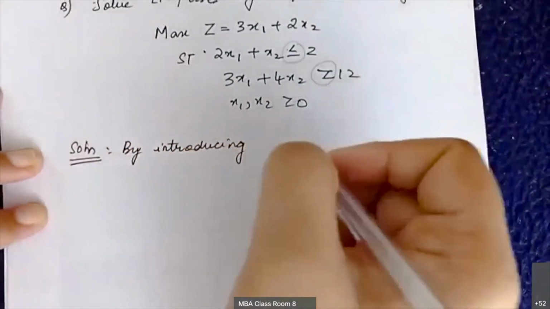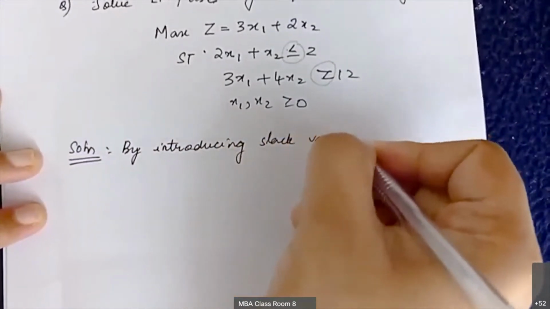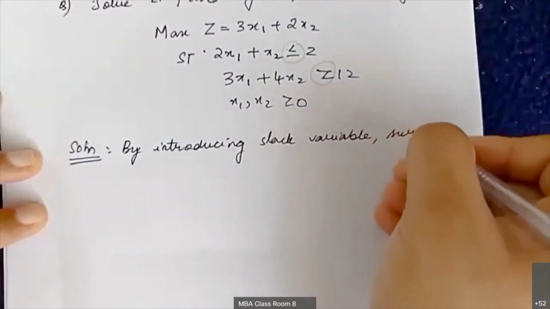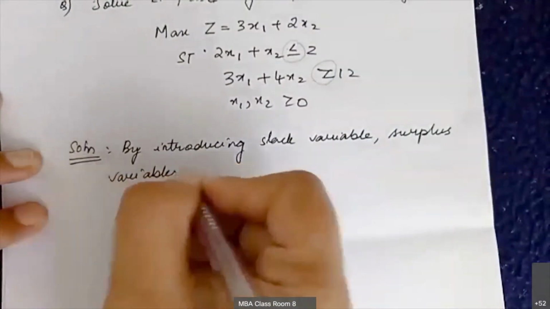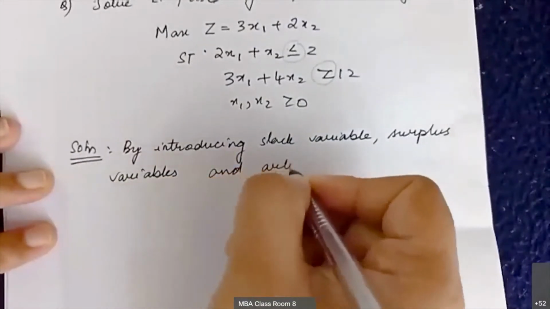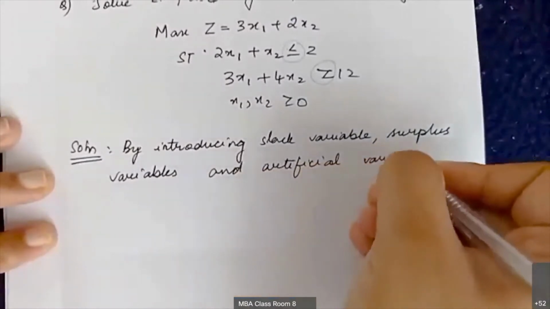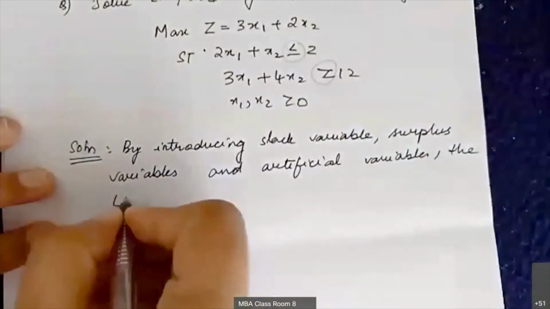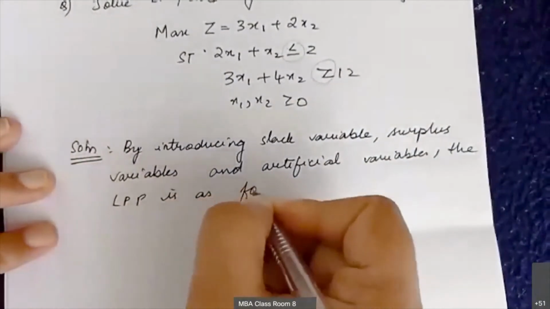By introducing slack variables, surplus variables, and artificial variables, the LPP is as follows.